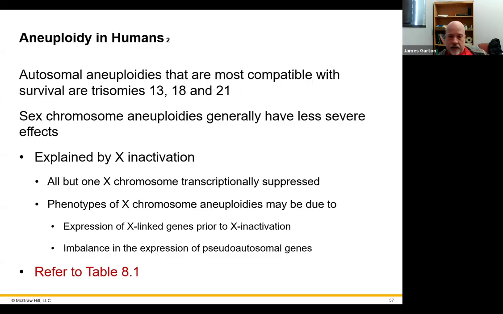You're not going to inactivate that chromosome right after fertilization. It'll take a while. And so those genes on that X chromosome are being expressed for the first couple of months. And so you have too many of them, and that causes some problems.